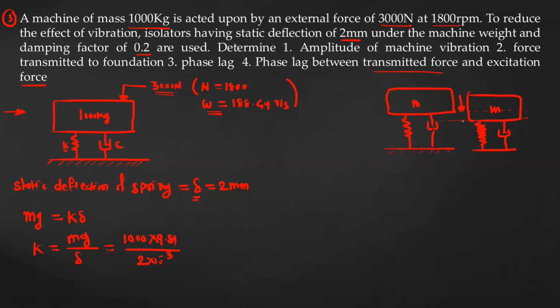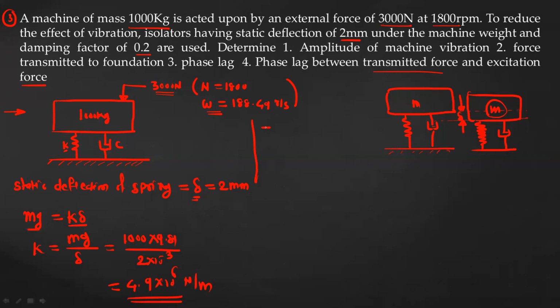This permanent deformation is called delta, and it is due to the machine weight. The formula is mg is balanced by the spring force, K delta, so we can calculate the K value. K here is 4.9 into 10 to the power 6 Newton per meter. So we have got the spring stiffness.